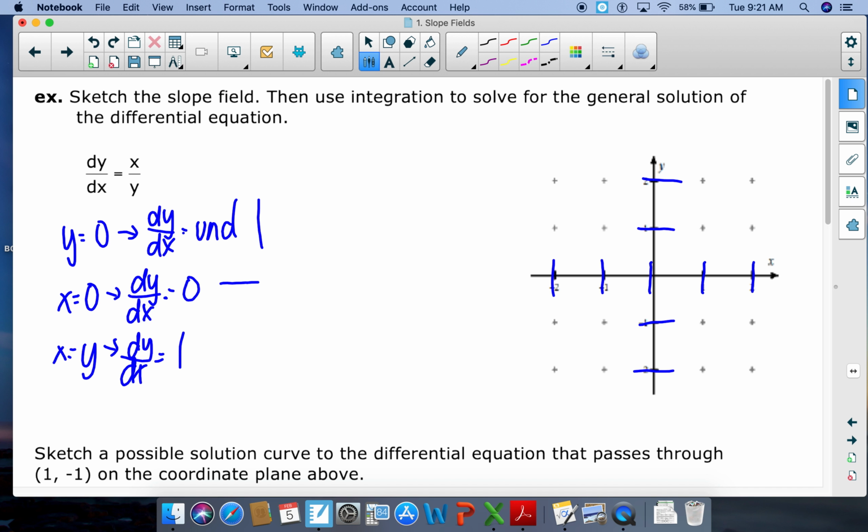And that's true whether they're both positive or they're both negative, correct? Which means 1 here, because 1, 1. At 2, 2, it's 1. At -1, -1, they're the same. At -2, -2, also the same.